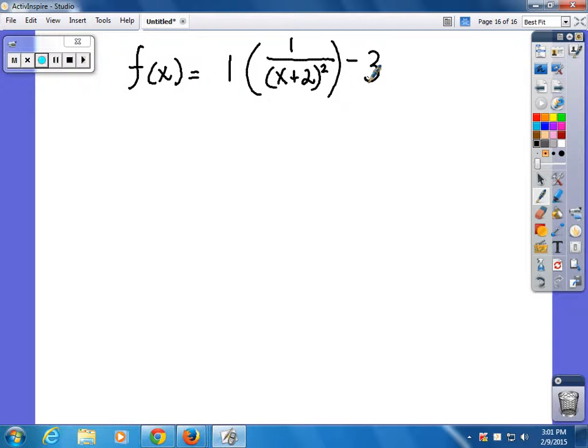Tell me something about this 2. Not the little 2, not the exponent, but this 2. First of all, let's take our highlights. All right, that's positive. That's a 1. That's that. And that's that. Now, we do know that our graph is going to look like what? That guy right there.